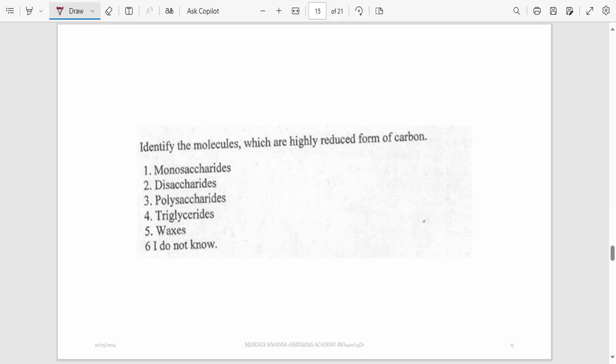Okay, I know it's just English which is confusing you here. If we say highly reduced form of carbon, we just mean which one of these molecules have got a lot of carbon to hydrogen bonds. A lot. Which ones amongst these have got a lot of carbon to hydrogen bonds?